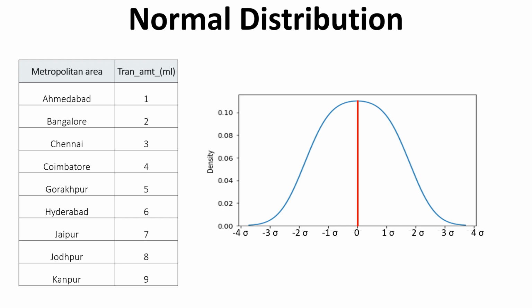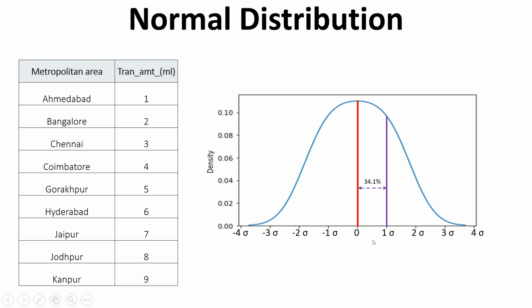Here we are taking an example to understand how data points are segmented in a normal distribution. When your data is normally distributed, 34.1% of the distribution will fall in the range of 1 standard deviation to the right of the mean, meaning mean plus 1 standard deviation.